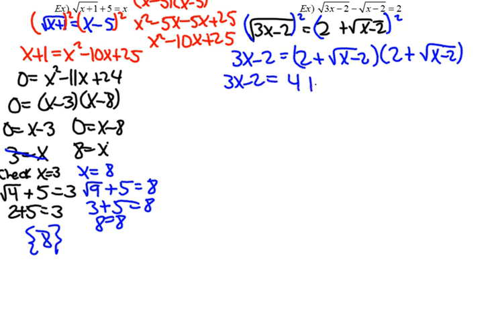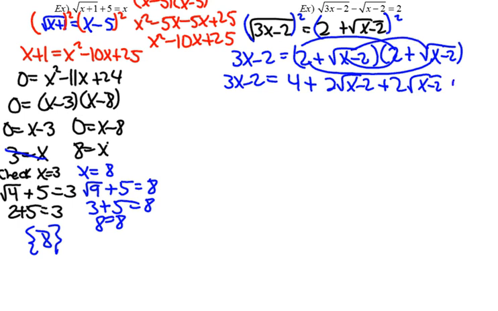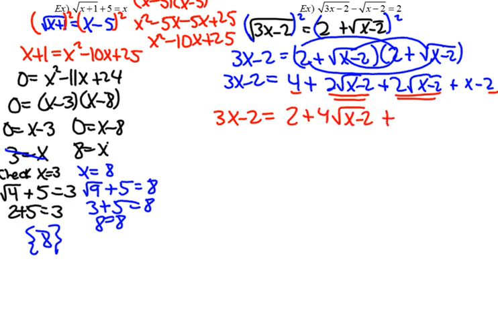So that's 4 plus 2 times the square root of x minus 2 plus 2 times square root of x minus 2 plus x minus 2. Combine like terms. So 4 minus 2, that's 2, plus 4 times the square root of x minus 2 plus x.